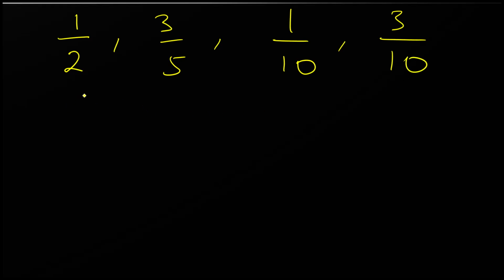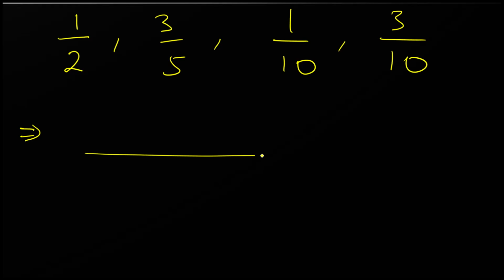So if you're asked to arrange the following in ascending order, be very careful here. If you find out that the denominators are unequal, meaning the denominators are not equal, in a situation like this, you have to go by the LCM.